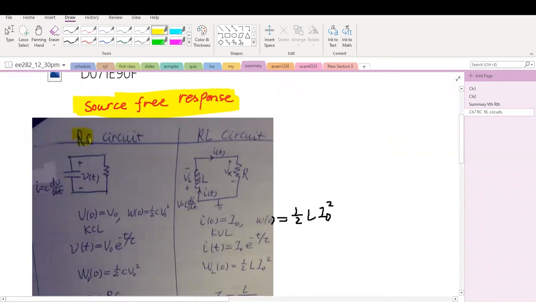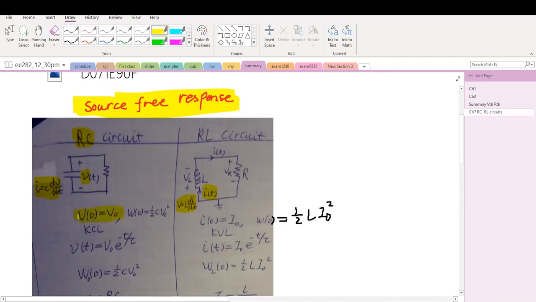So let's look at the RC circuit. In the RC circuit, we always talk about the voltage across the capacitor. In the inductor circuit, we always talk about the current flowing through the inductor. This is Ohm's law for the capacitor: i equals C dv/dt, and by duality, Ohm's law for the inductor is v equals L di/dt.